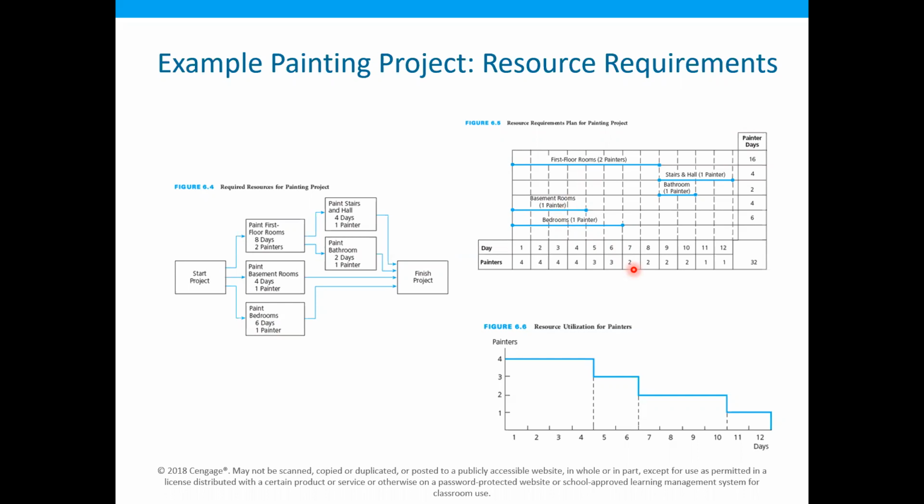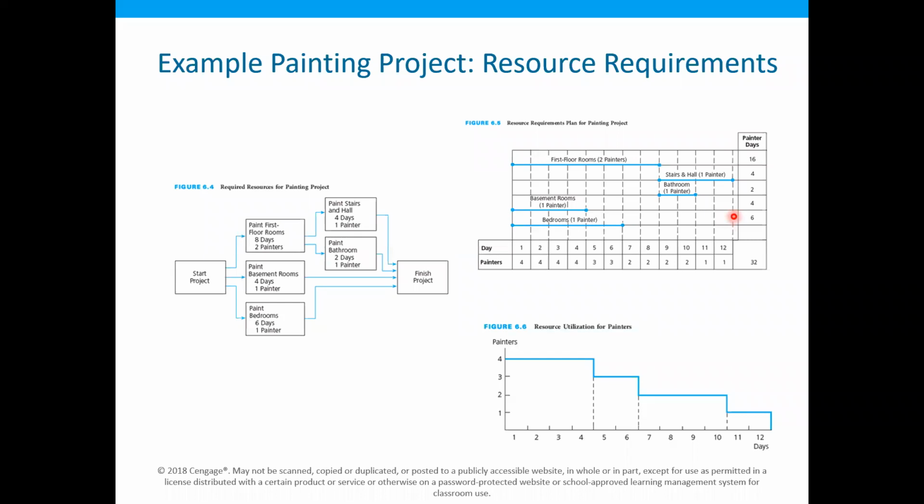In this case, although we can start the activity at the basement room at the beginning, we can even delay this activity to start late as well, because there is no other activity succeeding from that activity until the end of the project.